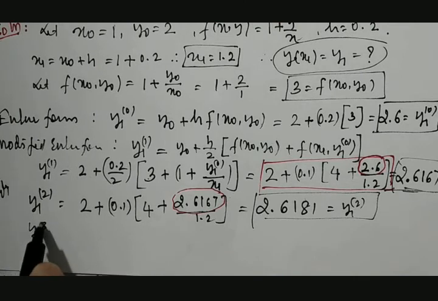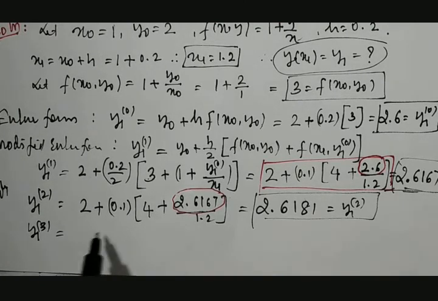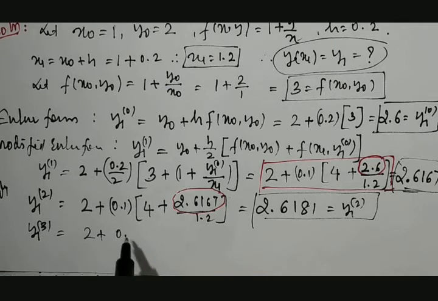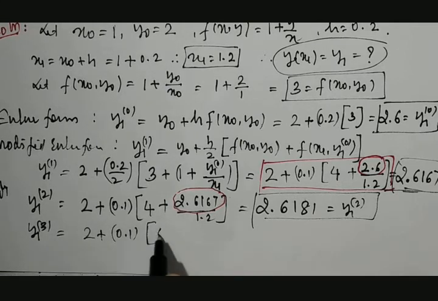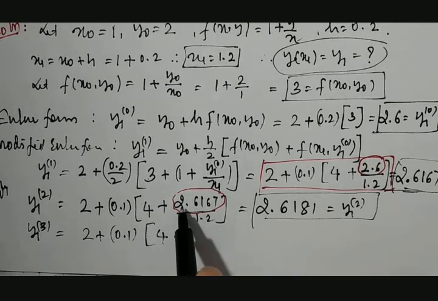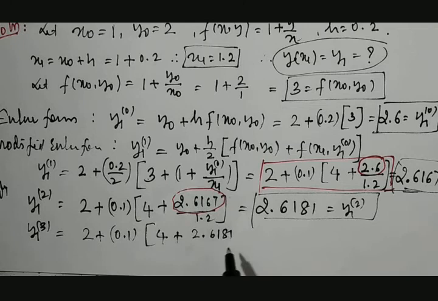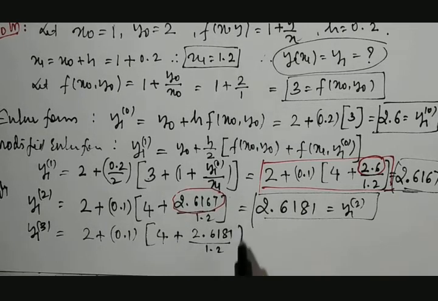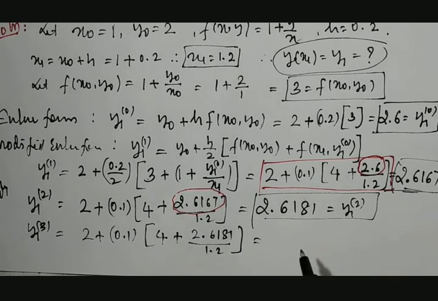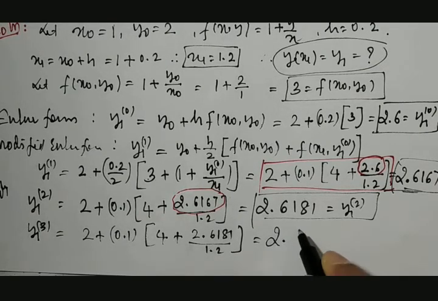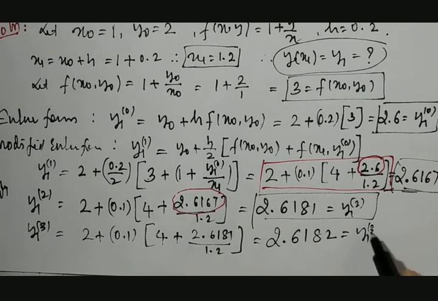The third approximation to y1 is equal to 2 plus 0.1 into 4 plus, where this 2.6167 will be replaced by 2.6181 divided by 1.2. Calculate this now. This is equal to 2.6182. This is the third approximation.